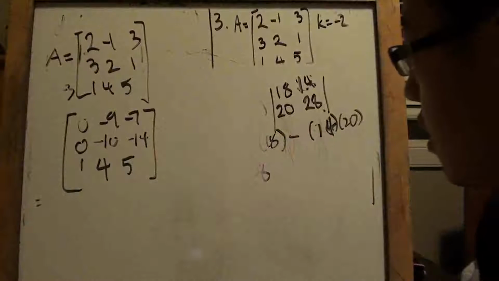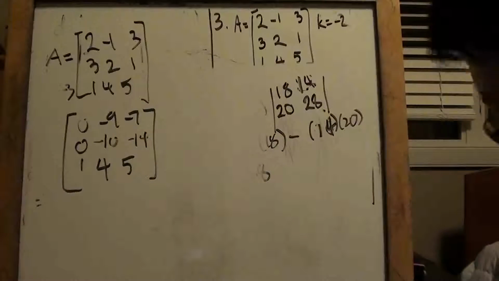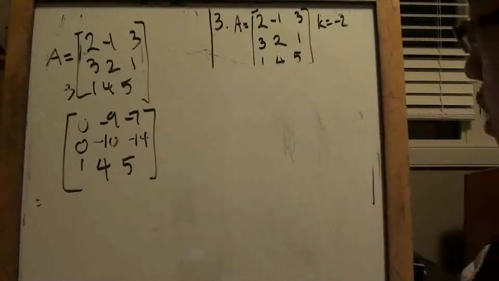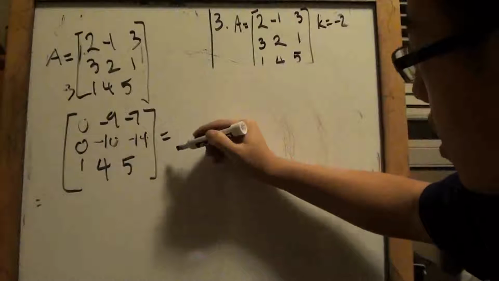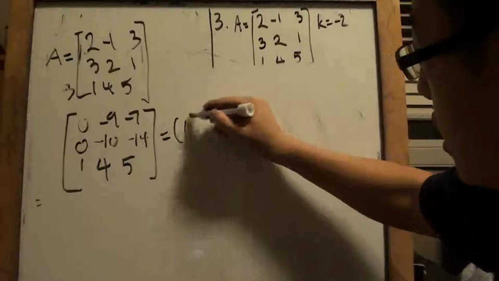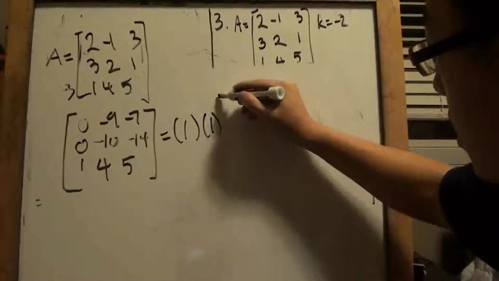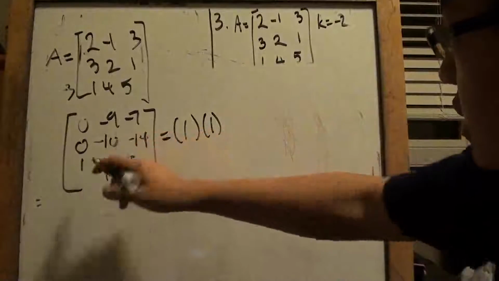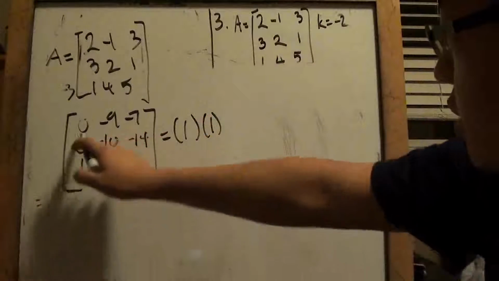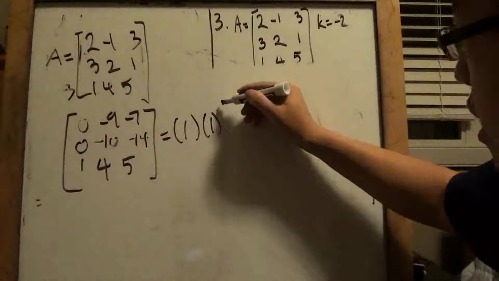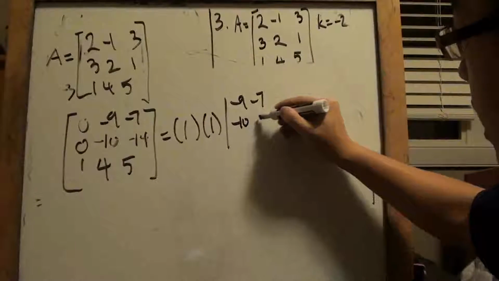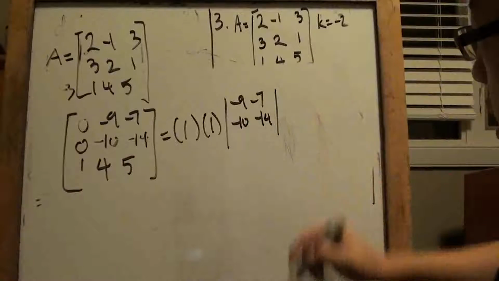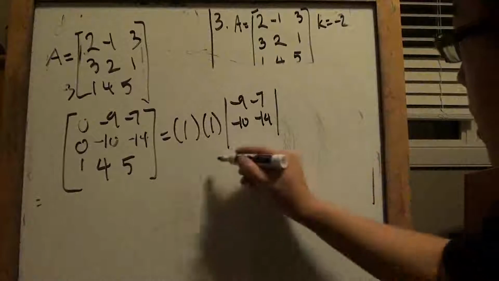Okay, let's see here. That's going to be 1 times 1. For the sign chart, remember the sign chart, plus minus plus, right? And then that's going to be -9, -7. Please come up with the right answer, please.